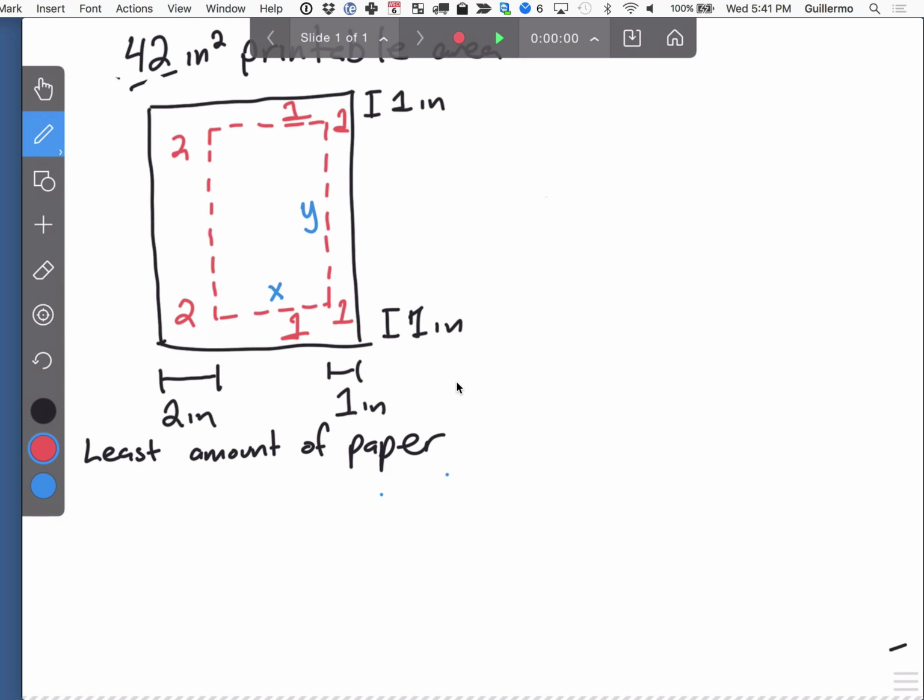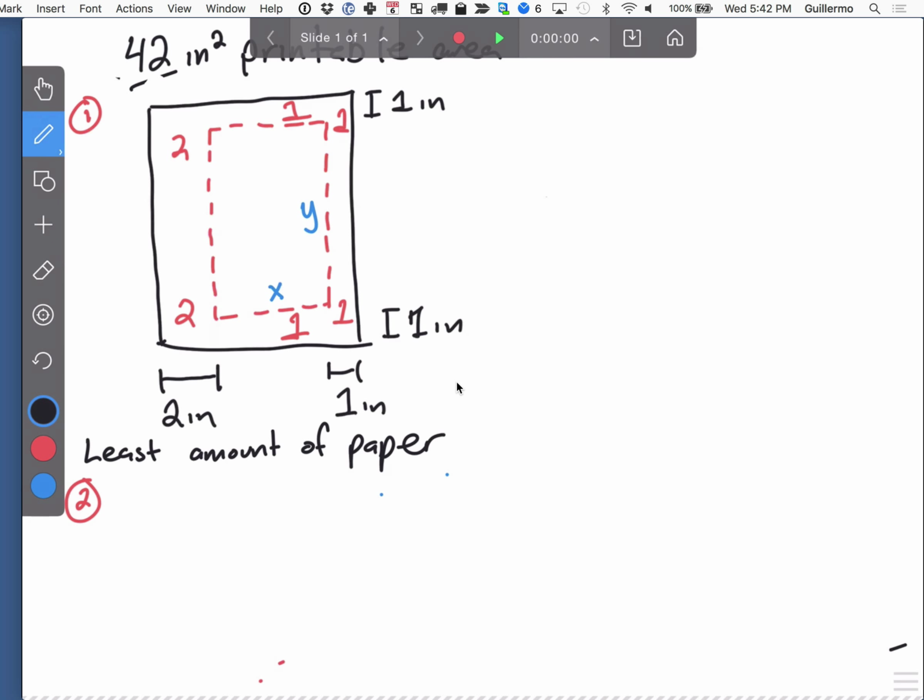Okay. All right, so very important step. The second step is very important. So this was step 1, right? Now step 2. Step 2 is to write down a formula for the function we are trying to optimize, right? So what is it that we're trying to optimize? Area, right?